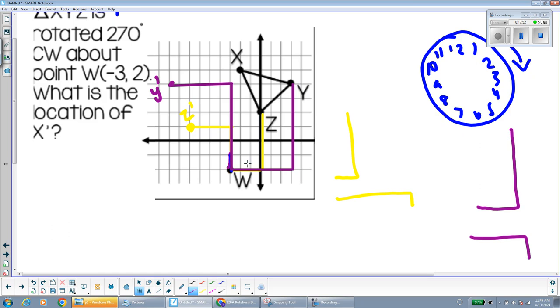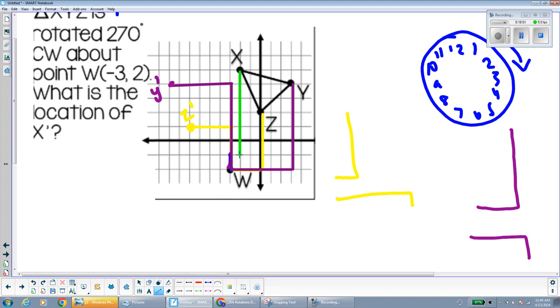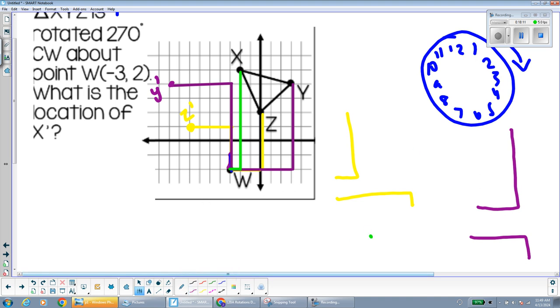And then finally, we just have point X left to rotate. So I'm going to connect point X to the center of rotation. And if I'm rotating that L shape 90 degrees counterclockwise, it's going to look like this.